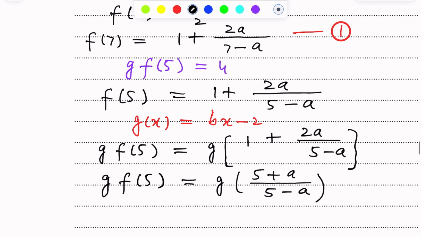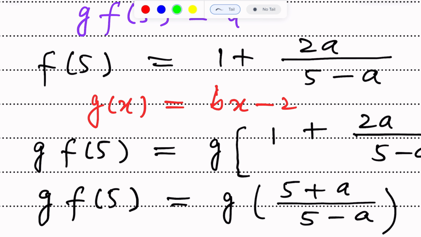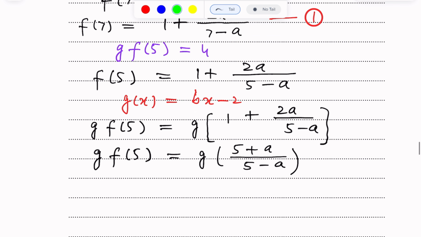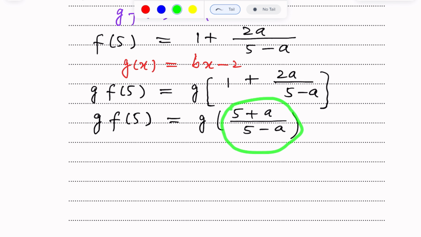Now we will compare this with the function g(x). The g(x) function is bx minus 2, but where there is x, here in place of x there is 5 plus a over 5 minus a. So we are putting this in place of x.